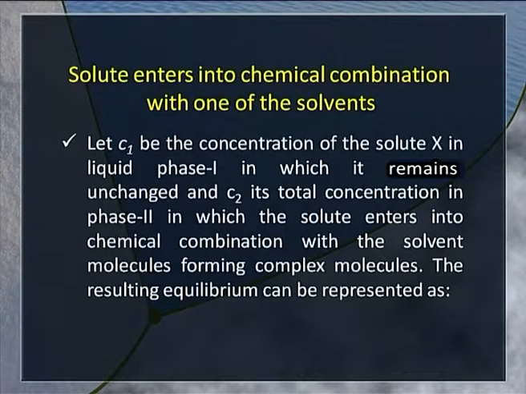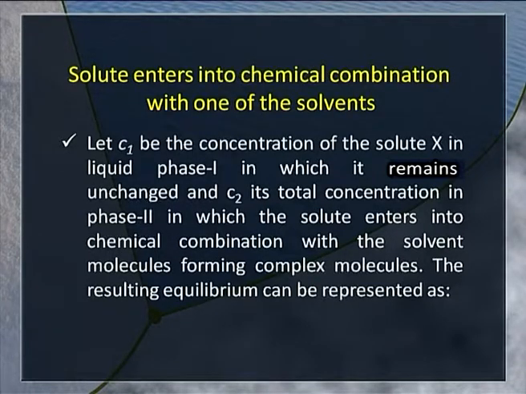Let C1 be the concentration of the solute X in liquid phase 1, in which it remains unchanged, and C2 be its total concentration in phase 2, in which the solute enters into chemical combination with the solvent molecules, forming complex molecules.